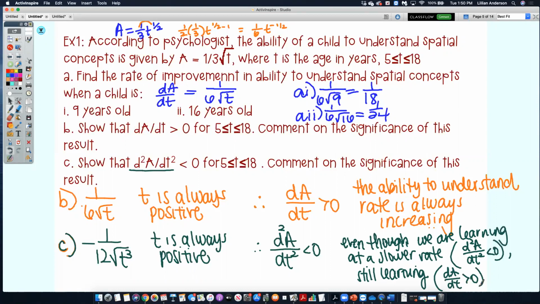Because the rate at which we're understanding is still increasing, it's just increasing at a slower rate. But rates of change, again, it connects that derivative to real world situations, okay? The rate at which something, the dependent variable, is changing based off of an independent variable.